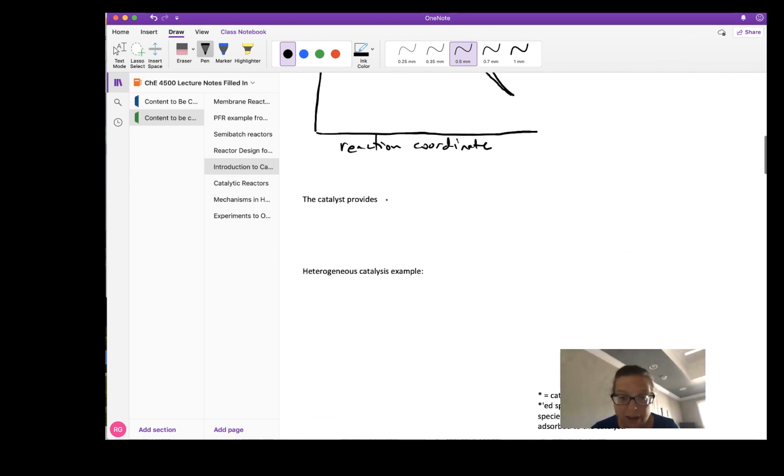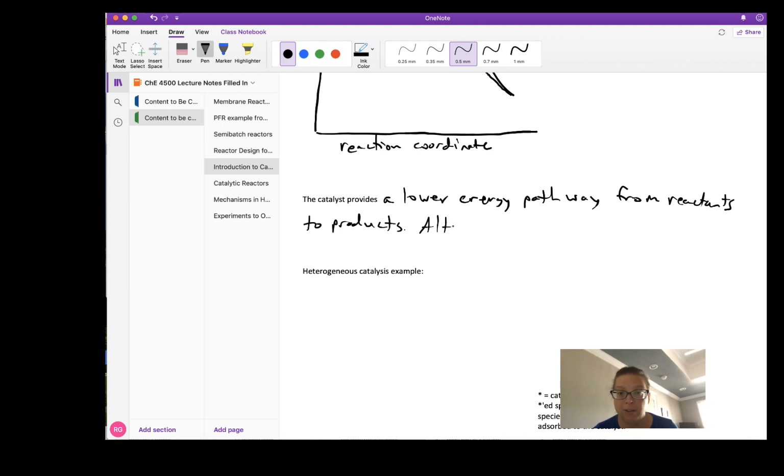So the catalyst is providing a lower energy pathway from reactants to products, but it alters the kinetics, not the thermodynamics. So the reaction energy, or the heat of reaction, remains the same regardless that we've used a catalyst.